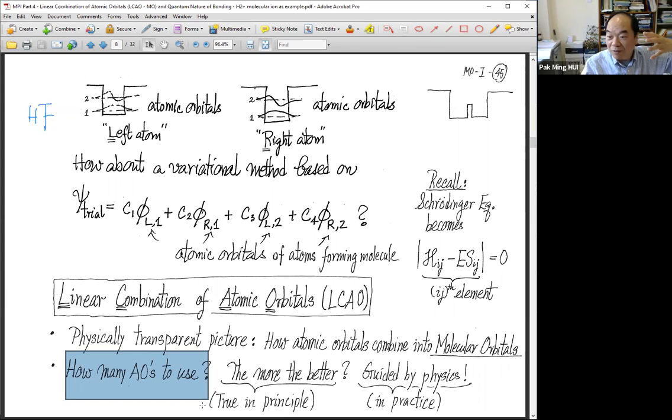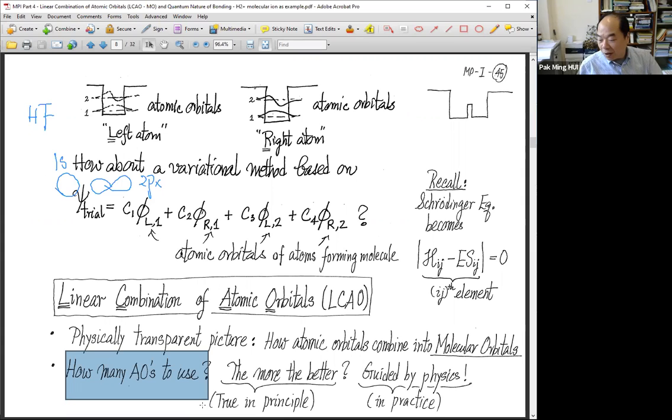For the fluorine, 1s is completely filled, 2s is completely filled, and 2p has 5 electrons, so only one p orbital is not completely filled. So for the hydrogen, it's 1s, so you had better use this 2px, for example, and this hydrogen 1s.